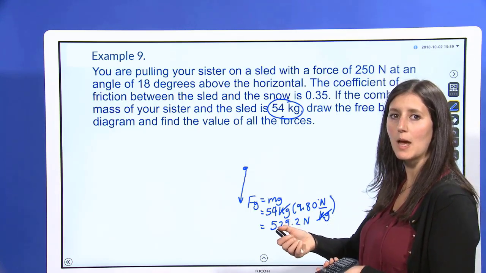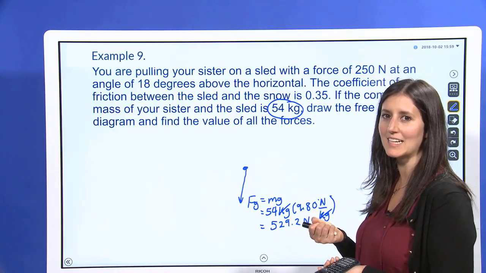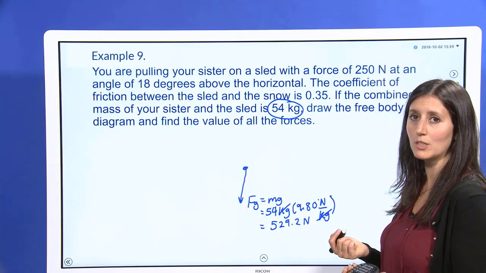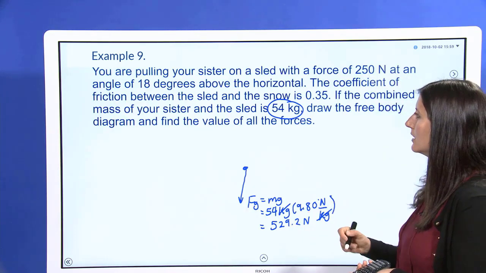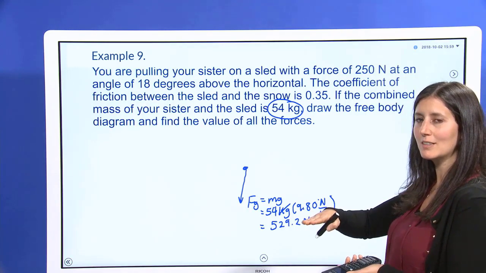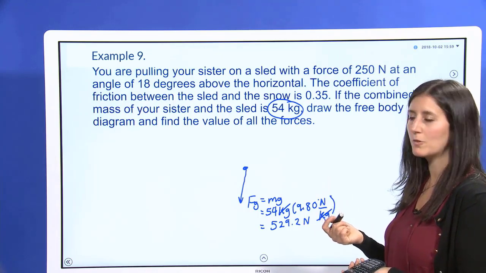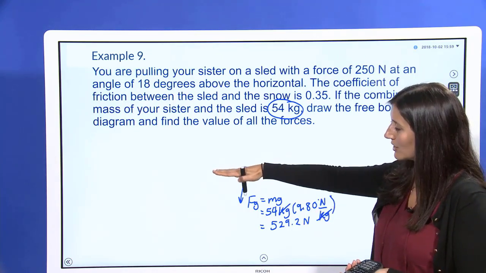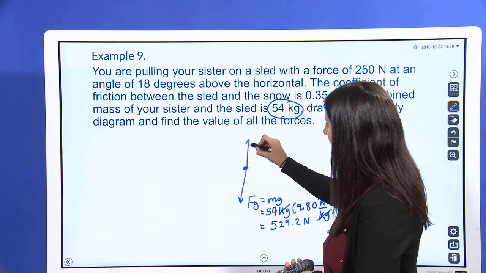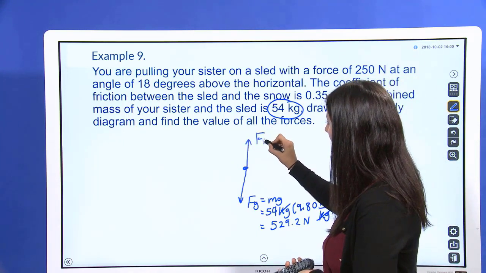So I'm going to assume the ground is level. If the ground is level, that means there must be a normal force acting perpendicular to this horizontal surface, so it would be pointing upwards. This is my normal force.